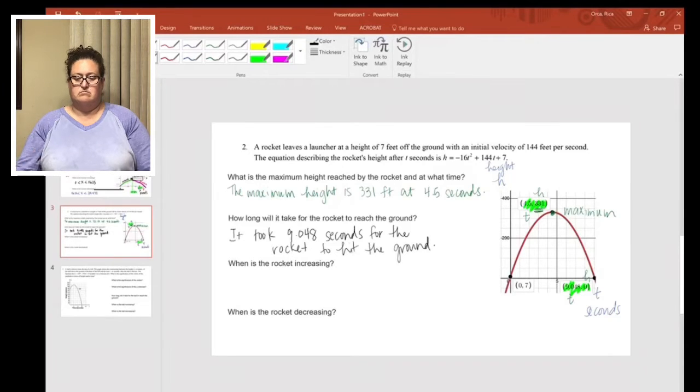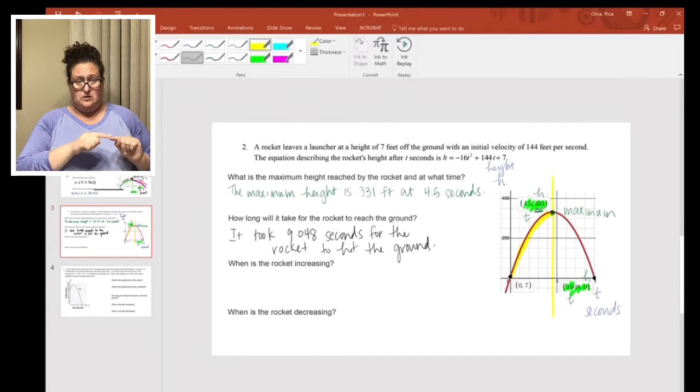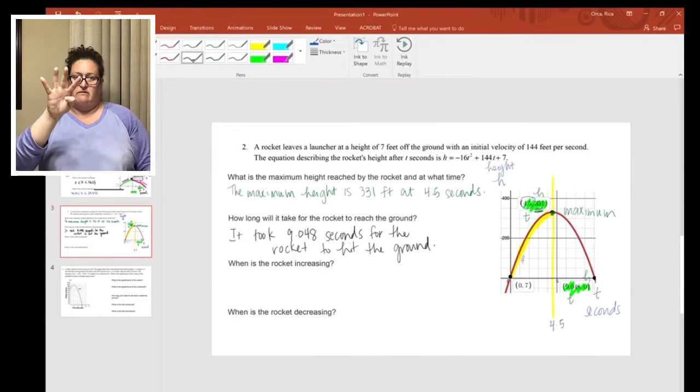Moving on, when is the rocket increasing? So let's divide our graph. We know that our graph is increasing from 0 to 4.5. Okay, this is 4.5. So when is the rocket increasing?